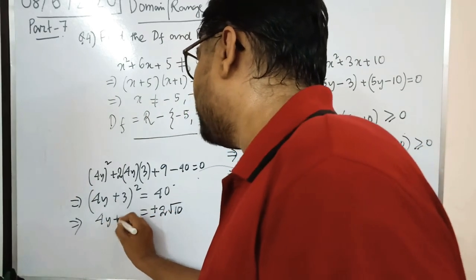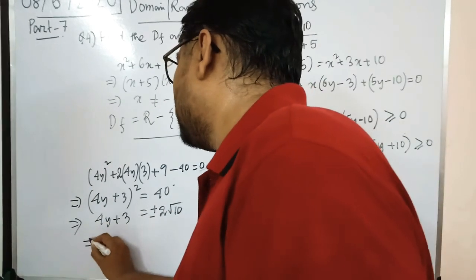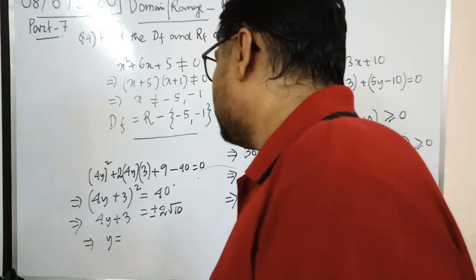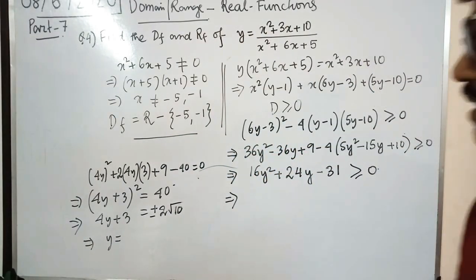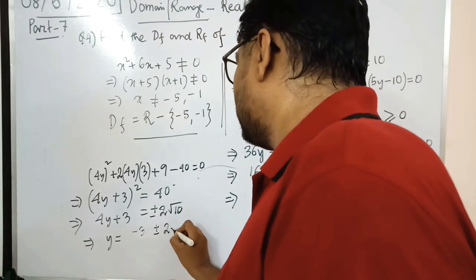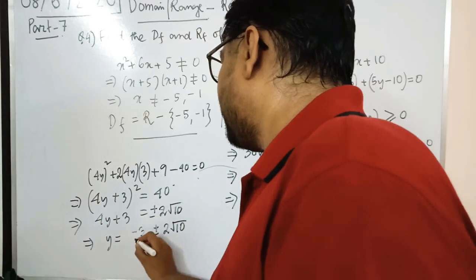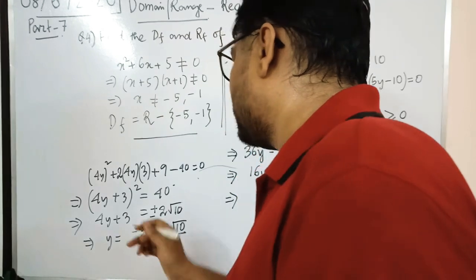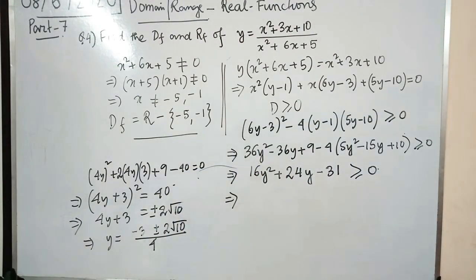So 4y plus 3 equals to this. So ultimately my y becomes minus 3 plus minus 2 root 10 whole divided by 4. Okay, minus 3 plus minus 2 root 10. Hope you understand this.